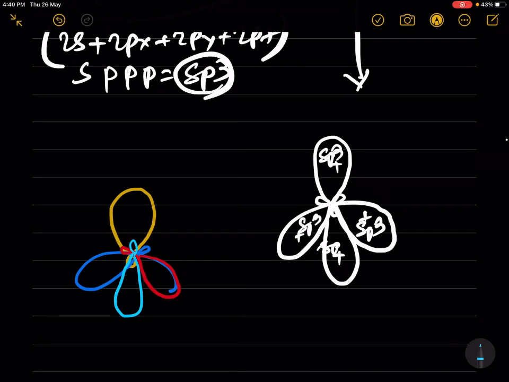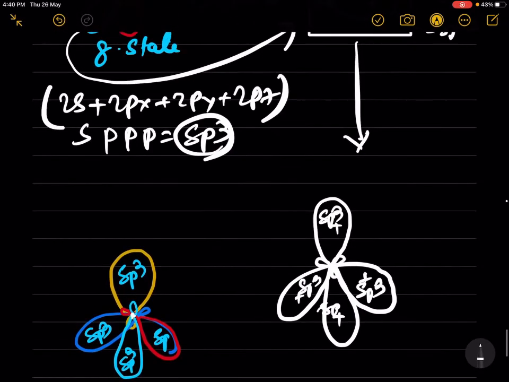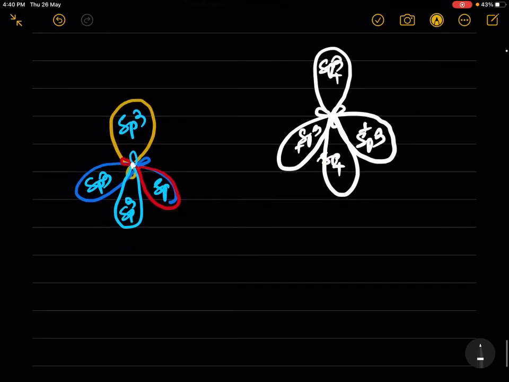You see, these are sp3, sp3, sp3, sp3, and they have a common nucleus. But these 4 sp3 hybrid orbitals stay in a tetrahedral manner.